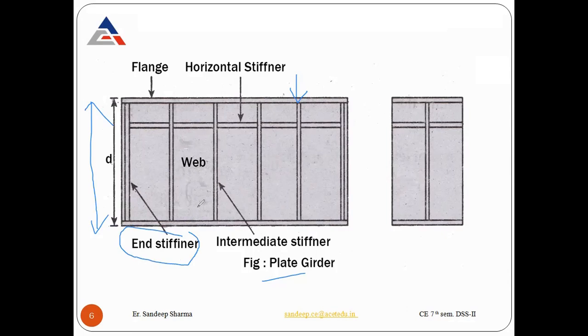This is the intermediate stiffener in between, and this is the horizontal stiffener. This is the web portion where we provide the stiffeners so that they can resist shear buckling, the web buckling due to shear, along this web section.